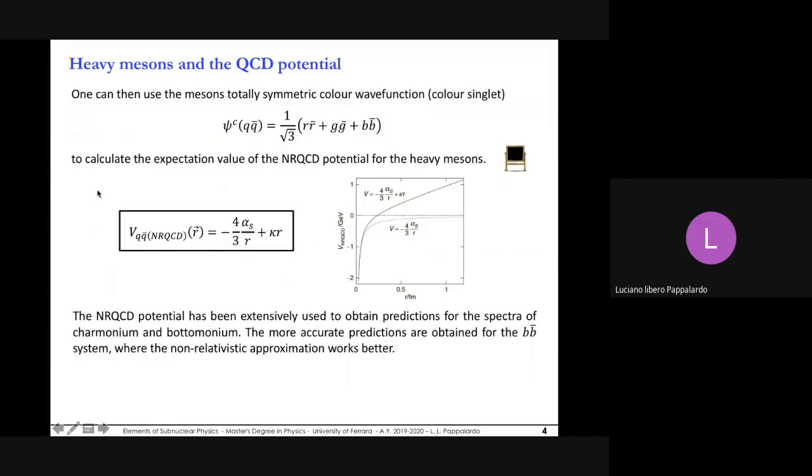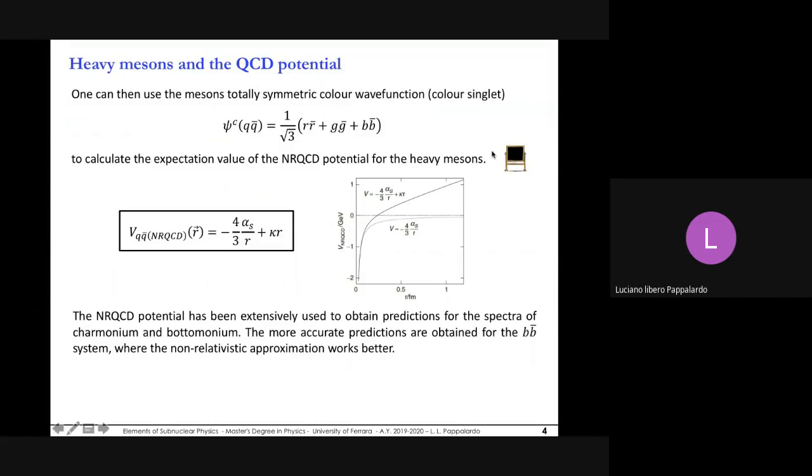Now, why is this relevant? Because the non-relativistic QCD potential has been extensively used to obtain predictions for the spectra of the charmonium and the bottomonium. You remember yesterday I showed you for the charmonium there were yellow boxes and gray boxes. The yellow were those experimentally observed, and the gray were those expected by theory but not yet observed.